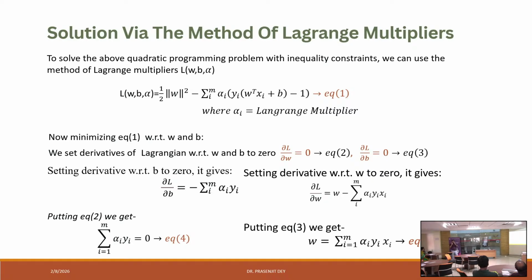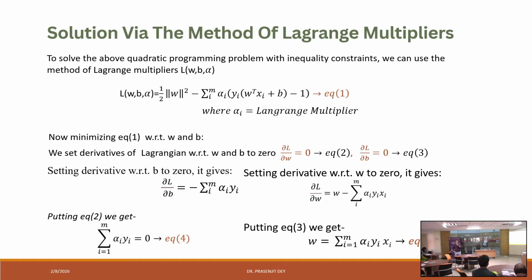But if for any data point alpha i becomes 0, will that data point have any influence on this decision? Suppose there are n data points. In this equation I am considering all the n data points. Now for any i, if alpha is 0, will that ith sample have any influence?